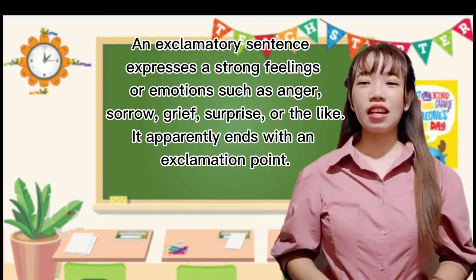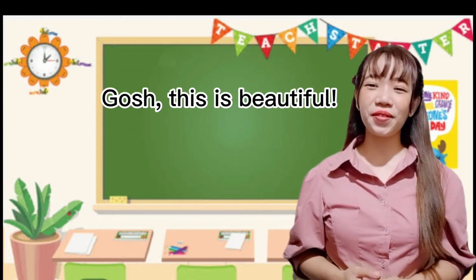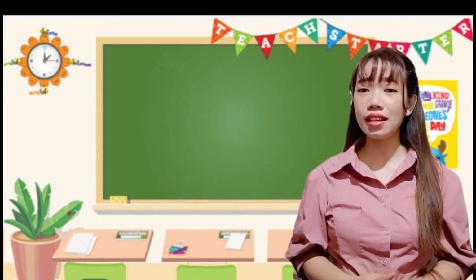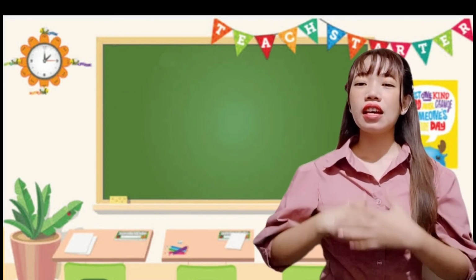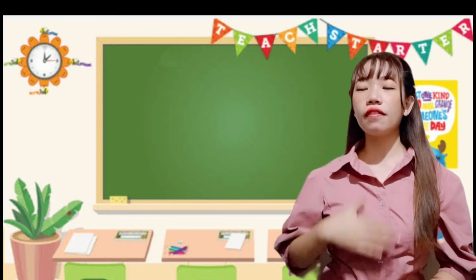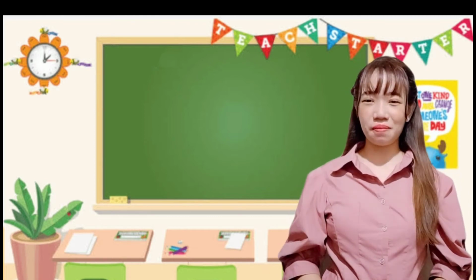Okay, so the sentence you have read earlier, gosh, this is beautiful, is an example of an exclamatory sentence because it expresses a strong feeling of surprise, right? Or a strong feeling of happiness. And it ends with an exclamation point.